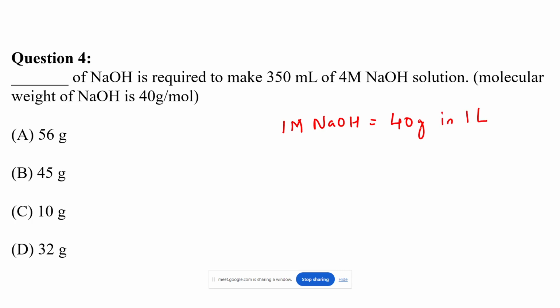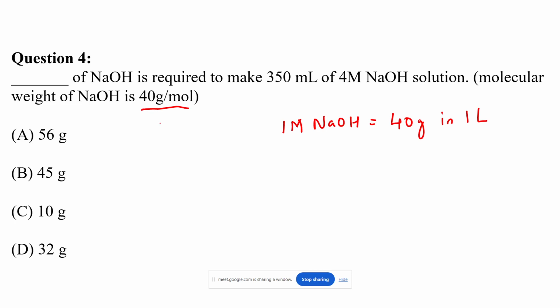If we are making a NaOH solution, we will make it in water. Why? Because the molecular weight of NaOH is 40 grams per mole, that means 1 mole is equivalent to 40 grams of NaOH.